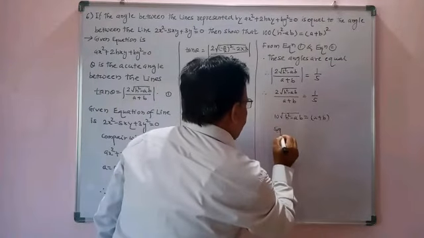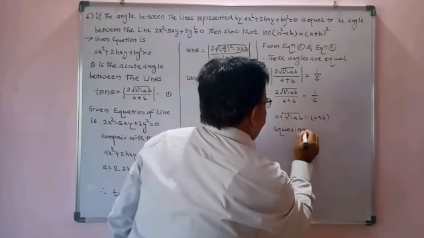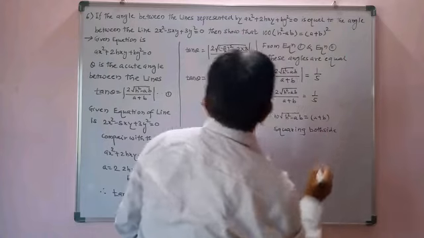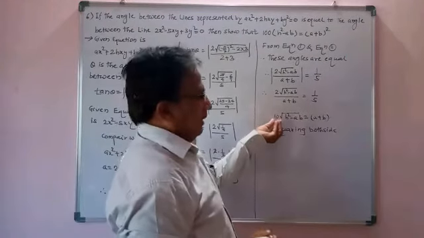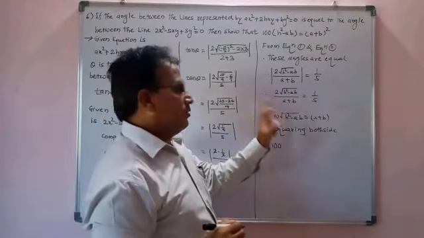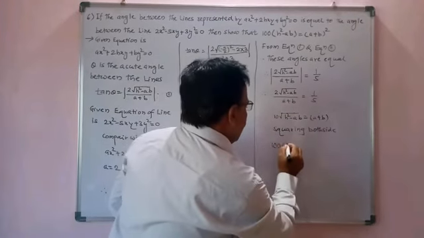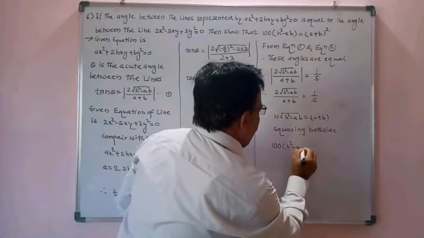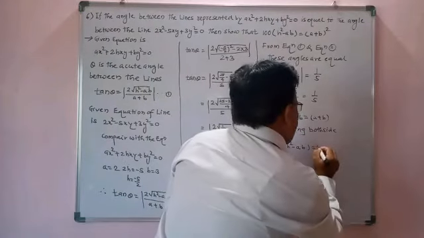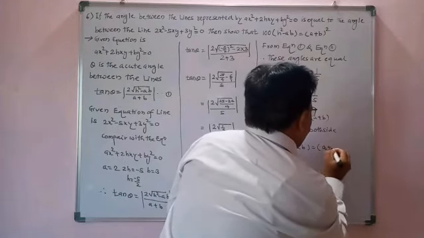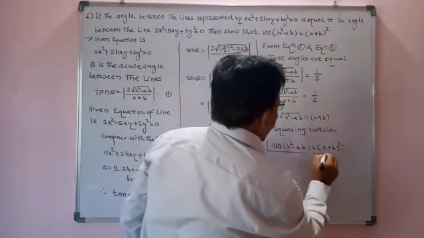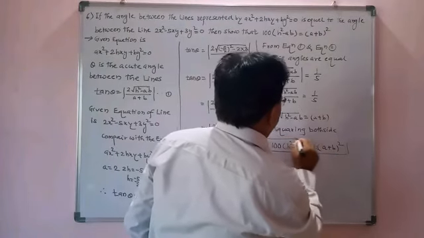Squaring both sides: 10 squared is 100, and the square of the root cancels the root. Therefore 100(h² − ab) = (a + b)².